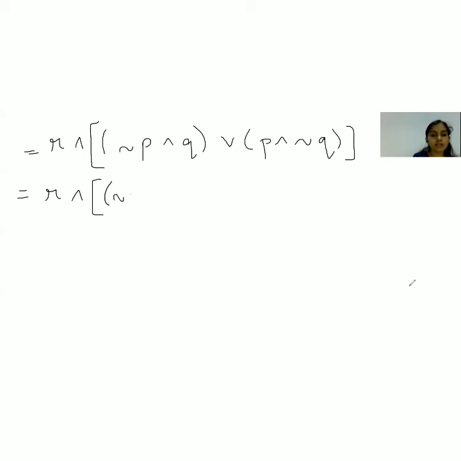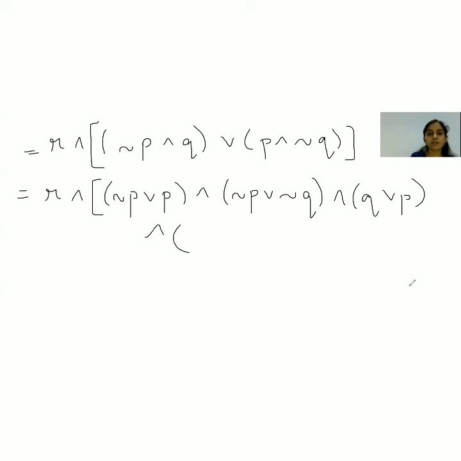What do we get with expansion? Negation P or P and negation P or negation Q and Q or P and Q or negation Q. This is your expansion.